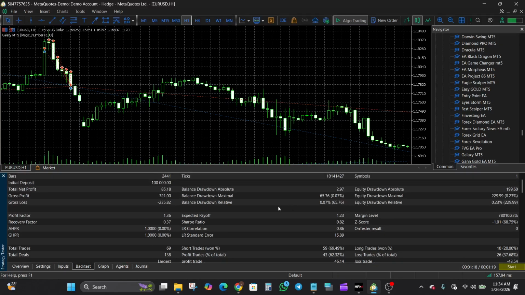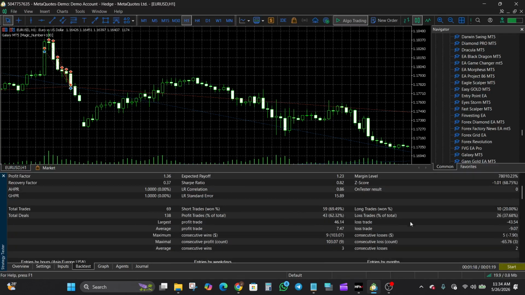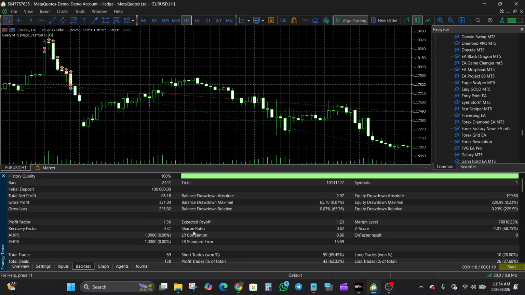And that is the reason why we had just a small total net profit, because for you to have this kind of win rate and then a bad risk to reward ratio where the average profit is less than the average loss, of course you will not be expecting a big total net profit, right? So at least the total net profit was positive, but it's just a little when placed side by side with the initial deposit.